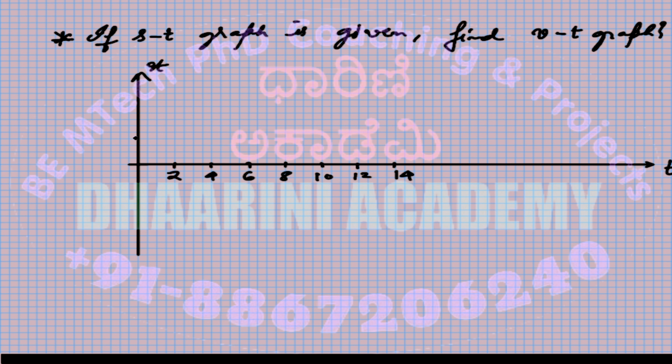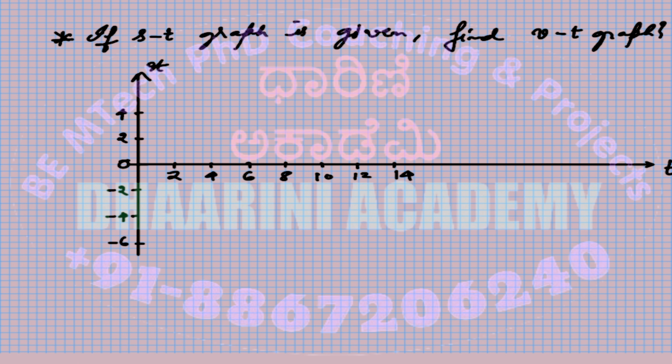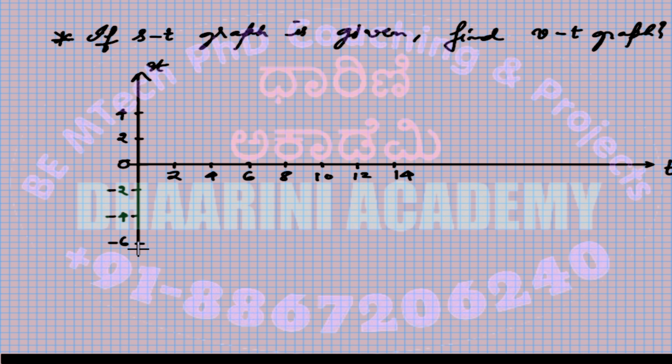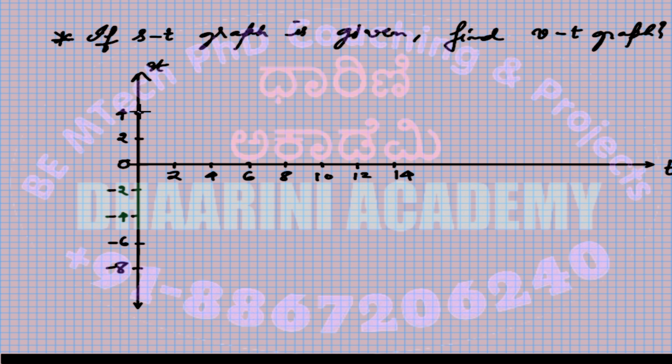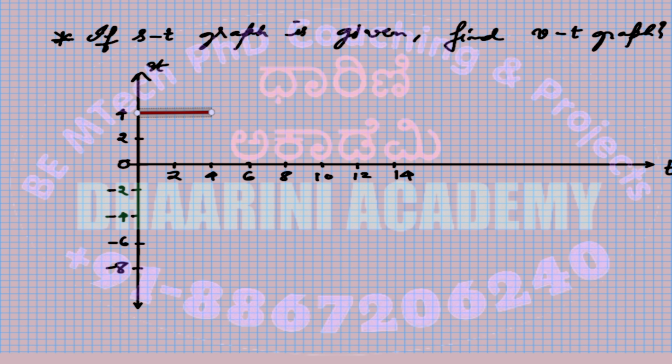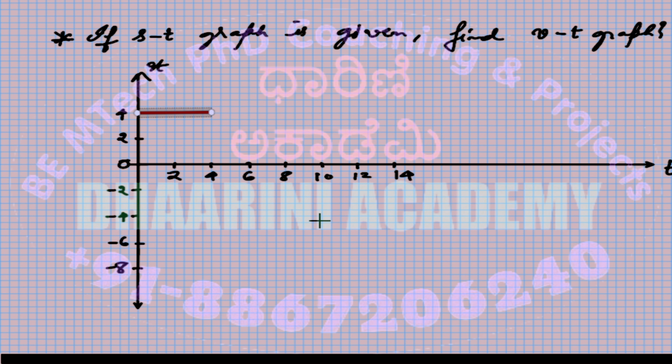Say this is minus 6, minus 8. This is 4 till the first 4 seconds. Then at 10, this has to be minus 8.